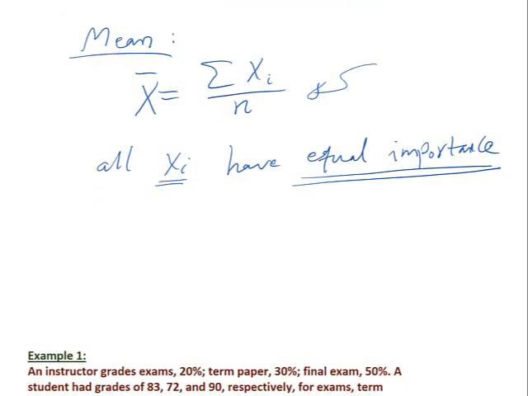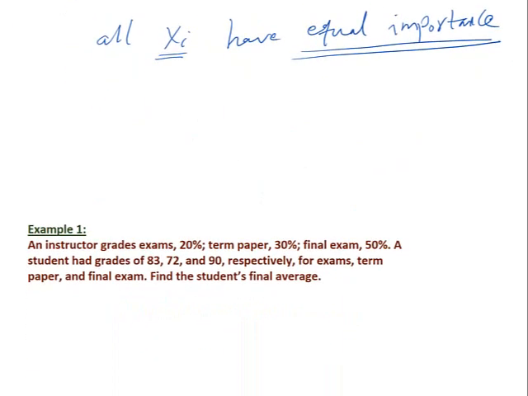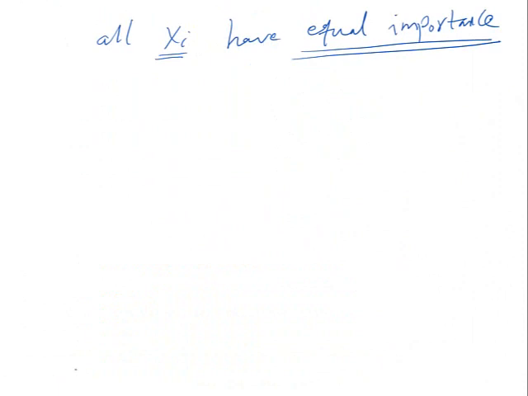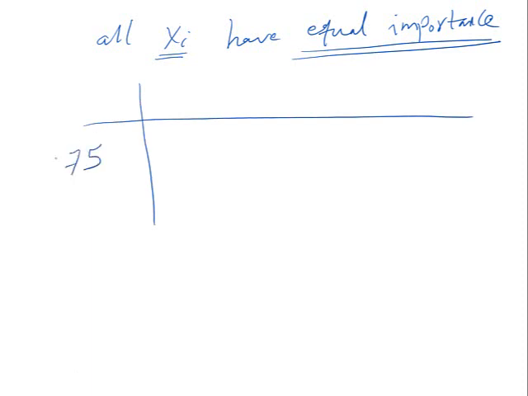For example, suppose a student received a score of 75 in an English course, let's say English 1, and English 1 has a credit hour of 3.